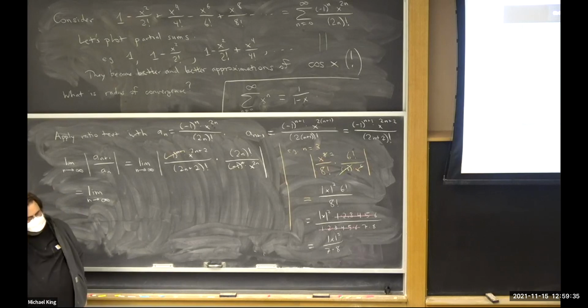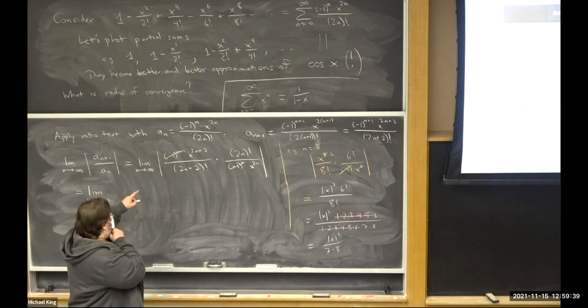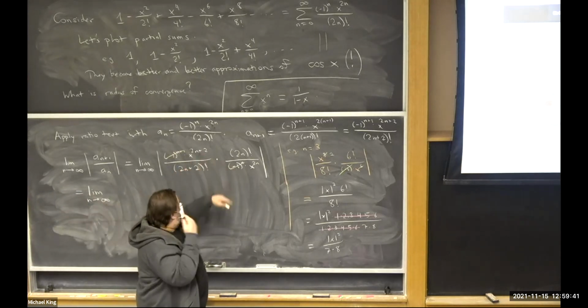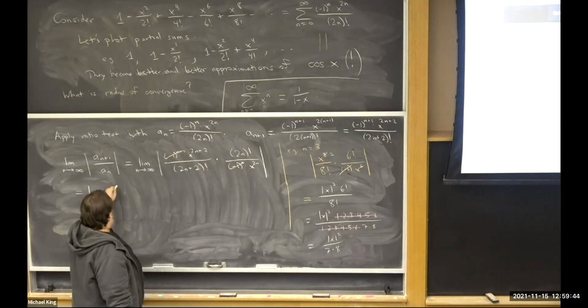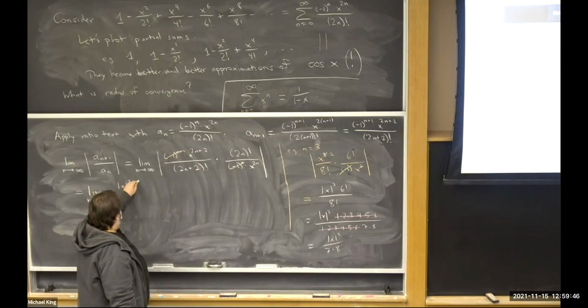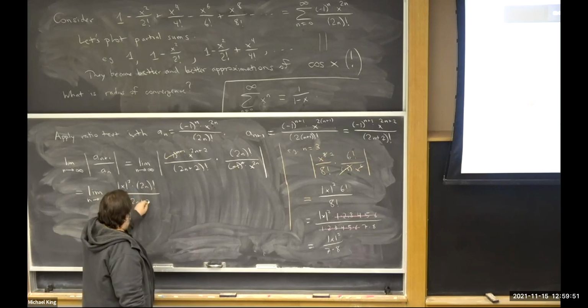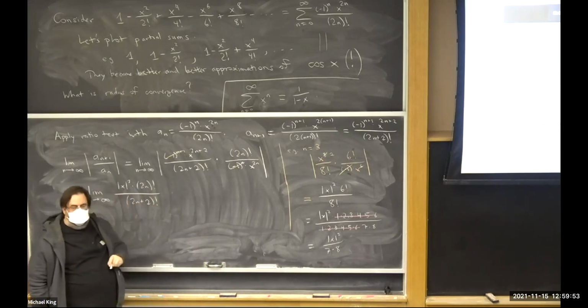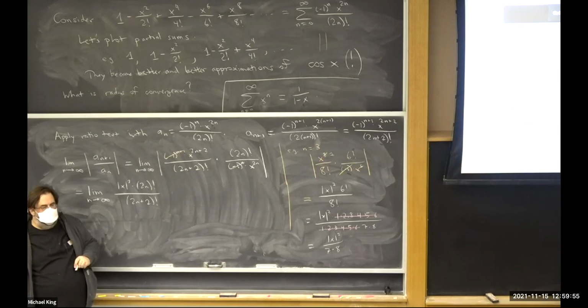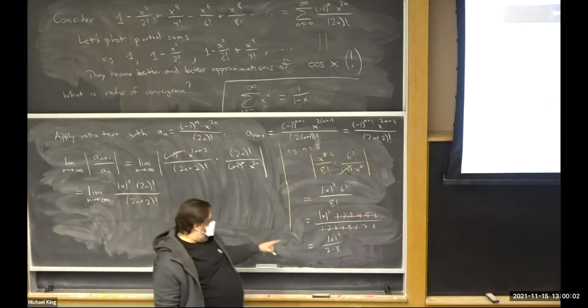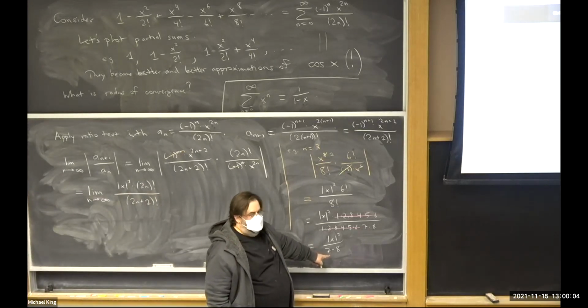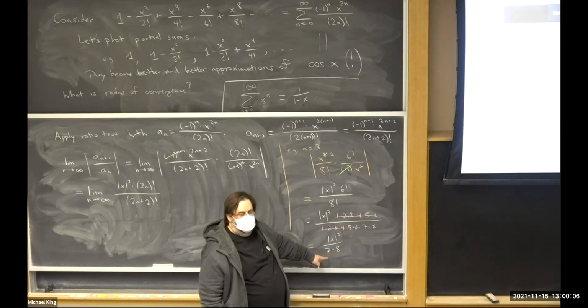What did people get? Yeah, 2n plus 2 versus 2n. There's 2 more x's on top. So we get absolute value of x squared, 2n factorial over 2n plus 2 factorial. And then what happens with that? So that's interesting, but it doesn't work here, right? You don't get 2 factorial, yeah.